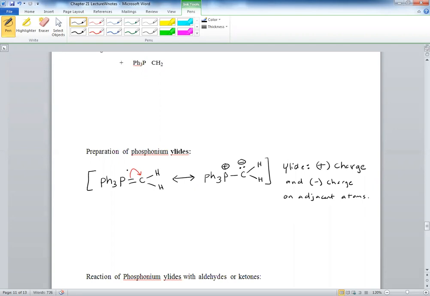Now, of course, they both have the octet, despite seeing this resonance structure.